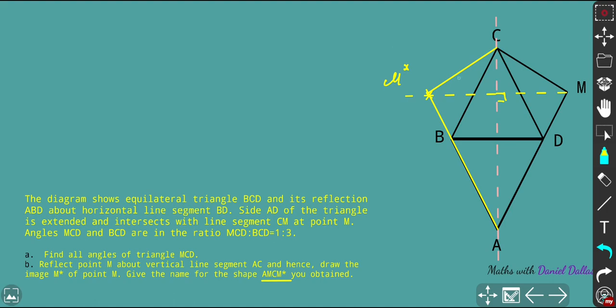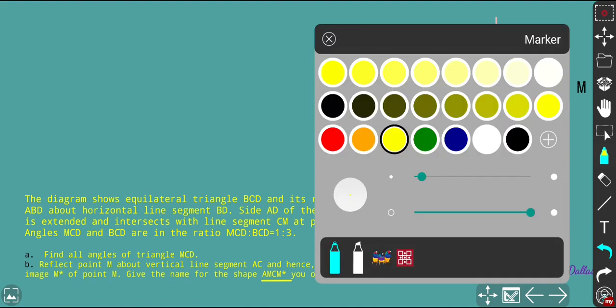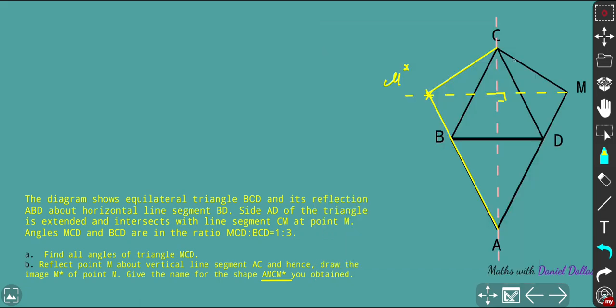Because we reflect segment CM and segment MA about the line segment AC where we put the mirror, we get a symmetrical part, so line segment CM is equal to M star C, and line segment AM is equal to line segment M star A. We arrange a kite.